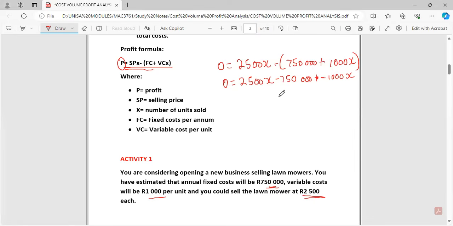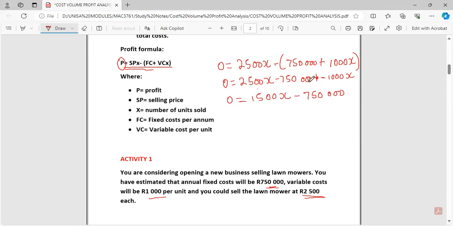Then when we have our figures, we can now come here and say 0 is equal to minus 1,000 minus here, so it's going to be 1,500 X minus 750,000.